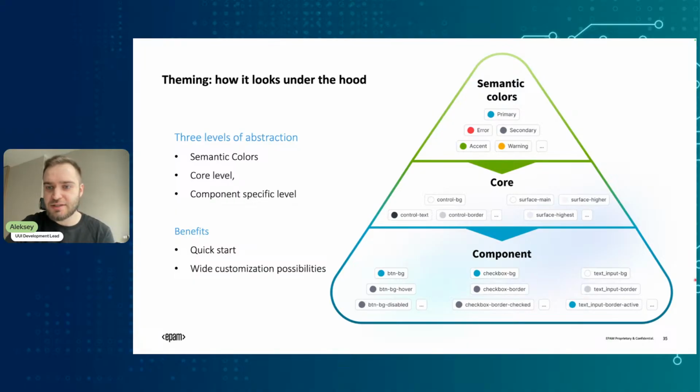If our defaults don't work for you, you can always go a level deeper and override values for core or component-specific variables. This approach allows us to achieve several benefits. Quick start, as we don't need to define a big amount of variables right from the beginning, and precise customization depending on your needs.